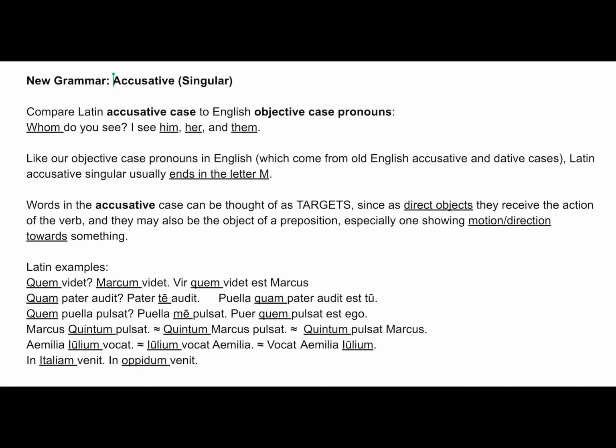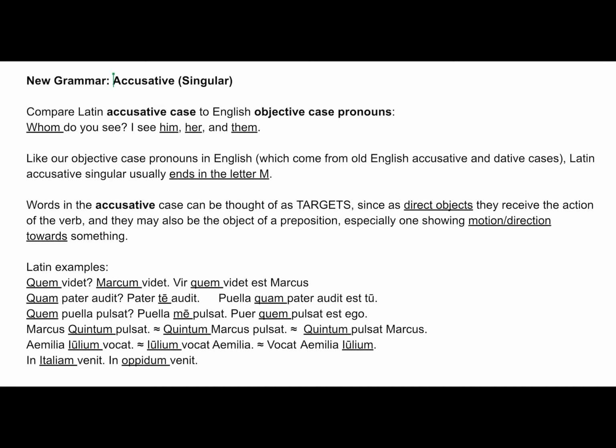So because Quintum, the word for Quintus, ends with an M, we know that he is the direct object. And it really doesn't matter what word order we put these in, because Marcus, with the us ending, tells us that's nominative. In other words, that word Marcus has to be the subject, no matter where I put it in the Latin sentence.